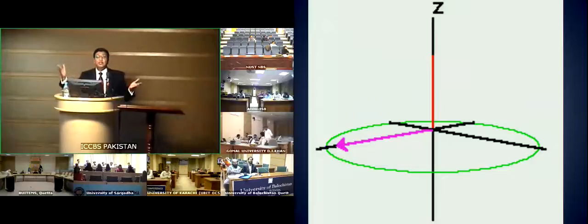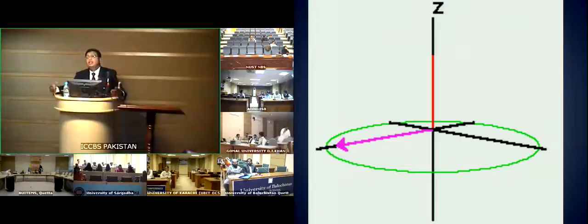Radio frequency is bringing it to the XY plane, right? So you are using a radio frequency duration in order to bring it anywhere in the XY plane. Now you agree with me that you can bring it anywhere in this three-dimensional coordinate system. Anywhere, right? You can bring it to minus 180, minus 270, 270, or 360.